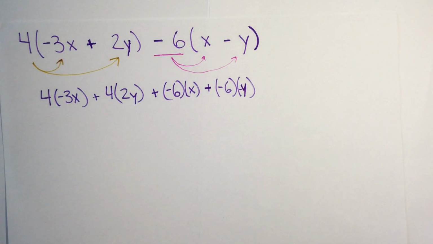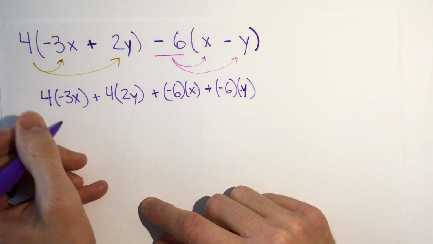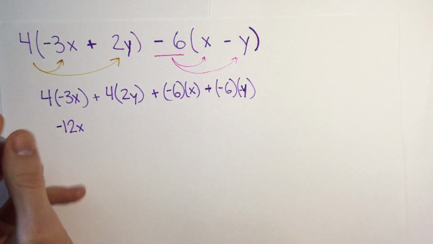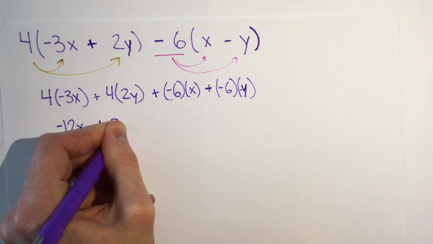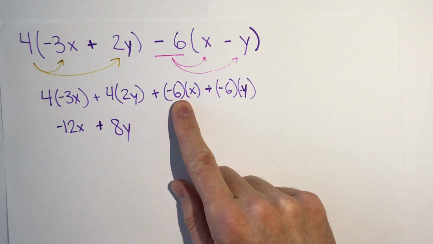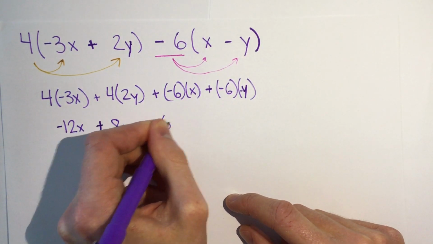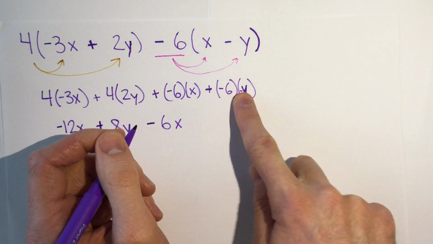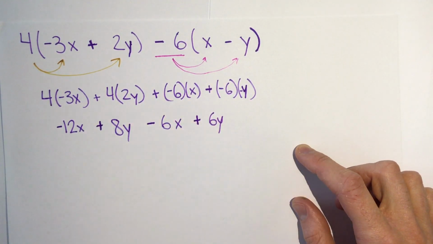Now we can multiply everything. 4 times negative 3 is negative 12, so negative 12x, plus 4 times 2y, 4 times 2 is 8, so we get 8y. Here we have negative 6 times x, so we have minus 6x. And here, negative 6 times negative y, negative times negative is positive, plus 6y.